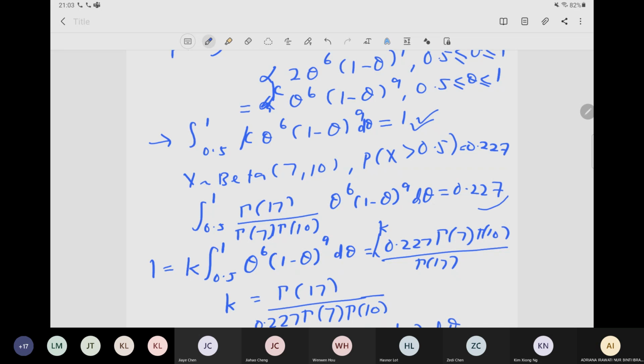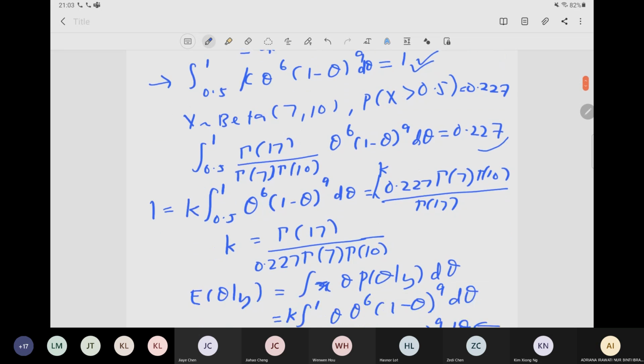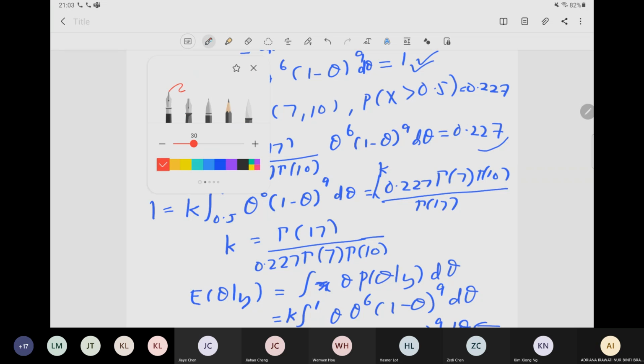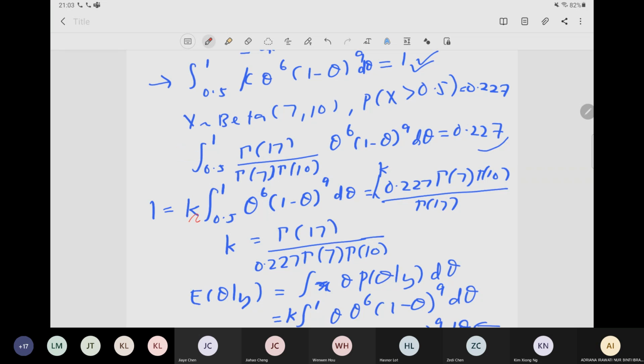Because you want to find this part, it is a PDF, so this one equals 1.